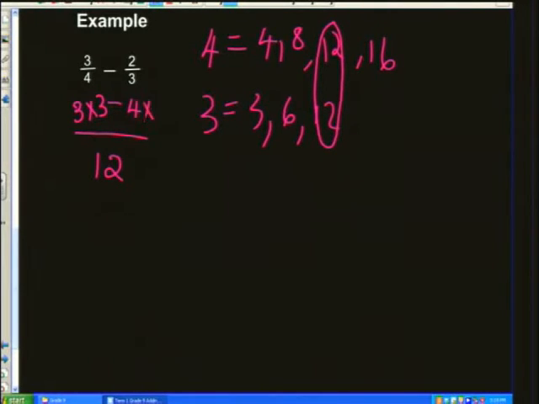Then multiply 4 with my numerator, which is 2. Now 3 times 3 is 9, minus 4 times 2 is 8, over 12. So 9 minus 8 gives you 1/12. Can I simplify it further?